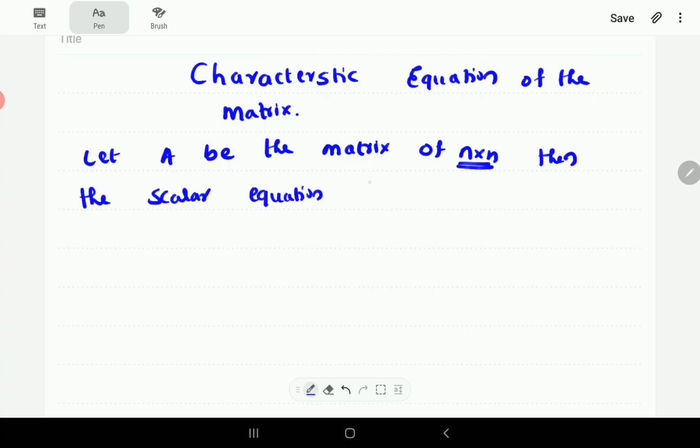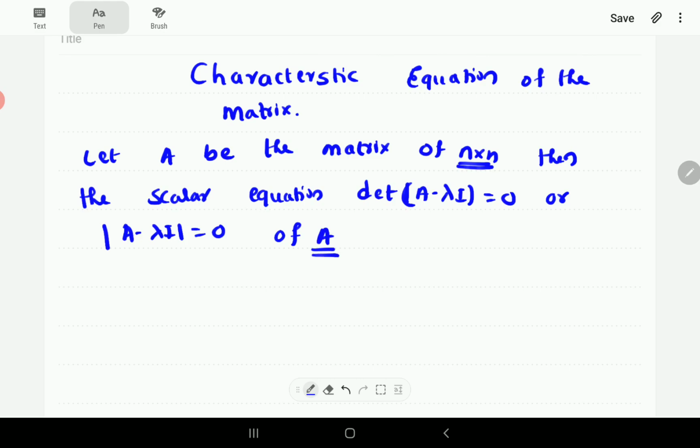Why am I using the term scalar equation? Because it is determinant of A minus lambda I equal to 0. So this is called the characteristic equation of A.